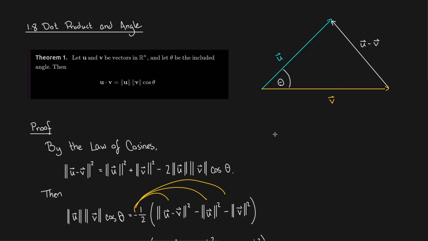No matter how many dimensions you live in, you can find a plane that goes through those 2 vectors. And so you could find an angle between those 2 vectors. So I've drawn it in 2 dimensions, but this would also work in 3 dimensions or 4 dimensions or 10 dimensions or 107 dimensions. You can find the angle between 2 vectors in any number of dimensions using the dot product.